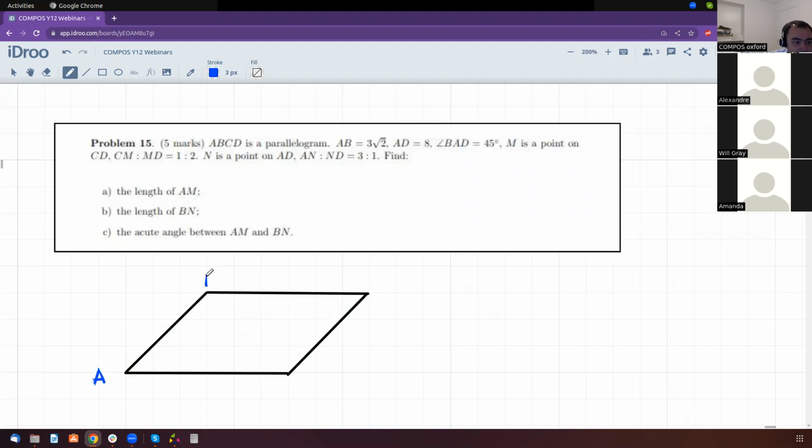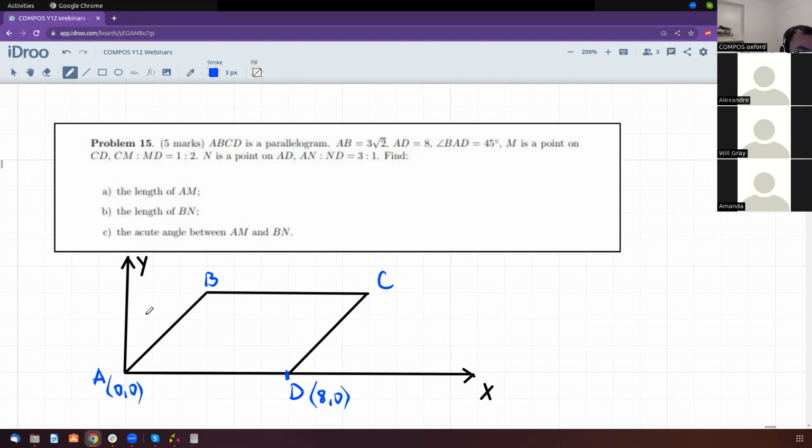A, B, C, D. Okay. Now I'd like to introduce a coordinate system. So this is going to be X, and this is going to be Y. So what do we know? We know AD is 8, so this is 8. So D is 8, 0. A is 0, 0.